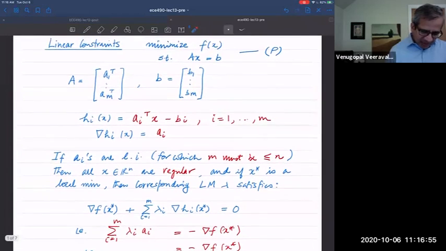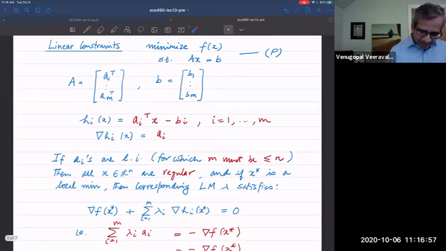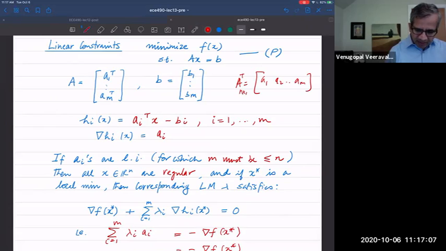Because basically A transpose will have columns that are a_1, a_2 up to a_m, and A transpose is an n by m matrix. Now if I multiply this by the vector of lambdas, lambda_1 through lambda_m, then the first column gets multiplied by lambda_1, the second column gets multiplied by lambda_2, and so on.